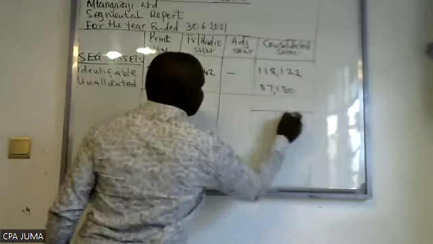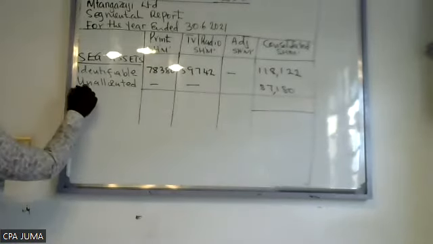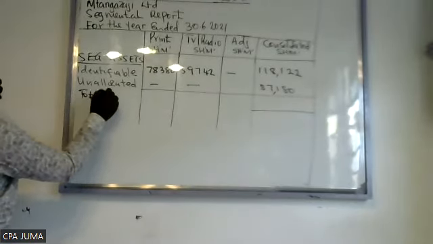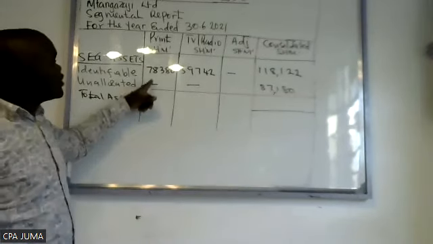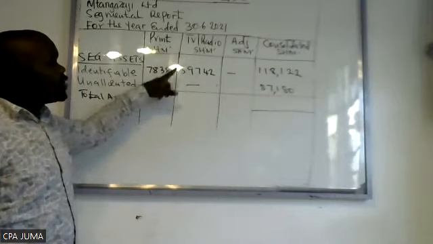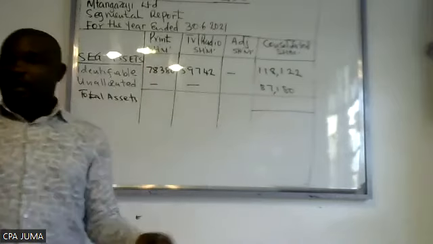So now, your total assets. Don't bother with these ones. There is no need of dropping these ones down. Just give me the total at the end.